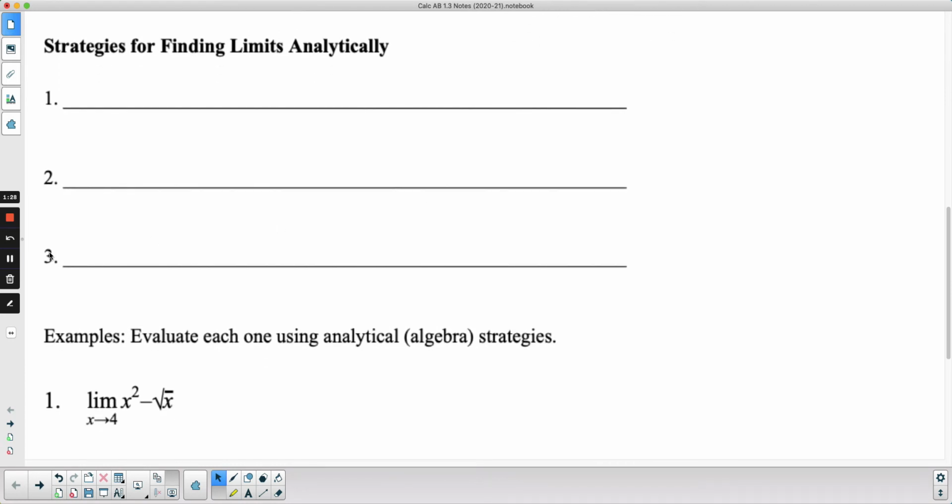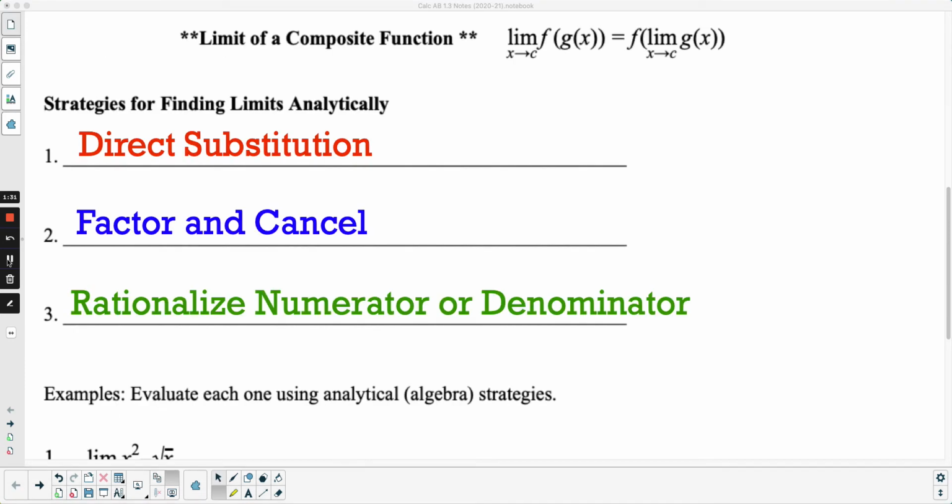All right, so some strategies for finding limits analytically. First, what you're always going to want to try and do is see if you can just use direct substitution. So the value that you're approaching, that c value, try and just substitute it in. If that doesn't work, for example, if you have a rational function and you substitute that value in and get 0 on the bottom of that rational function, you can try and factor the top and/or the bottom and then cancel out any terms that would make a hole, or anything that you can factor out or cancel out.